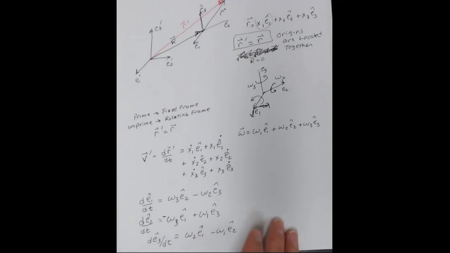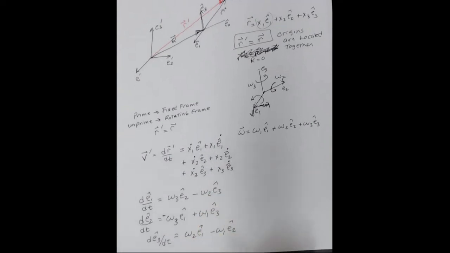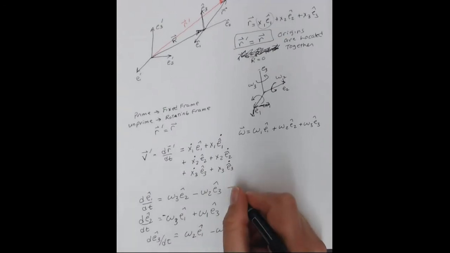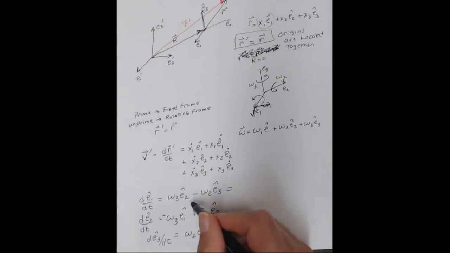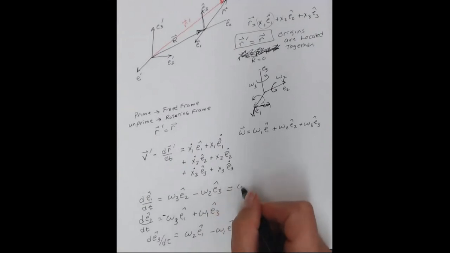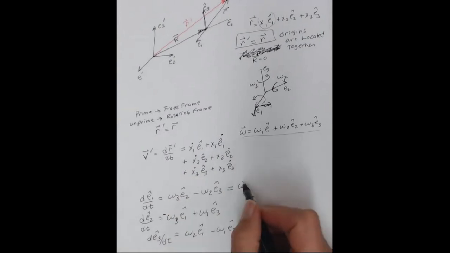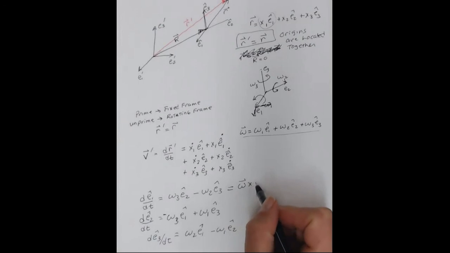Okay, so that's how our unit vectors are changing in time, and we can use this with the velocity. One other thing to notice is that I can write this as omega crossed into E1, because we have omega written up here.